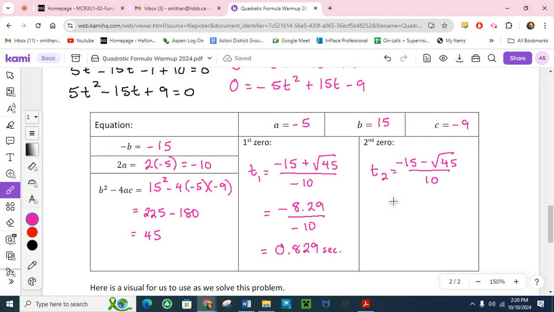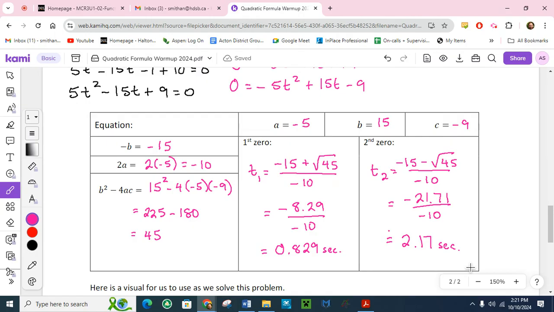And then minus 15 minus root 45, minus 21 point, we'll call that 71 divided by, well, that should be negative 10. You bunch of sheep. It's negative 10. You guys can let me know if I make a mistake. I'm just kidding. I like you guys. You're not sheep. And call it about 2.17. I think. You guys let me know if I did something wrong.